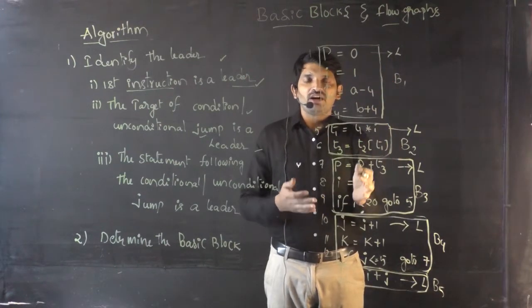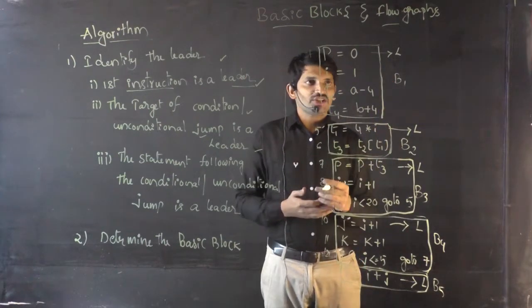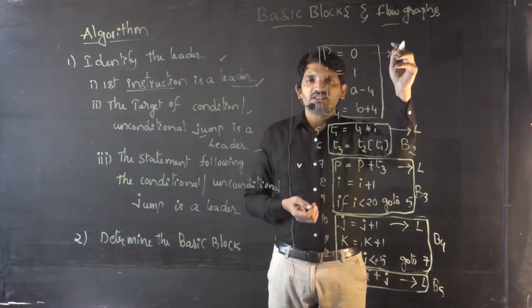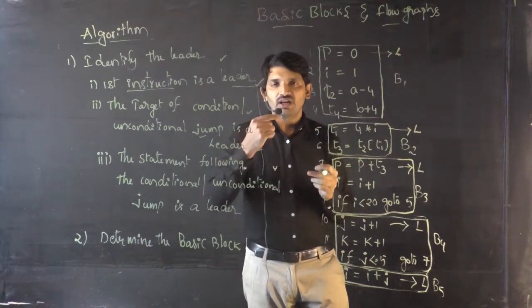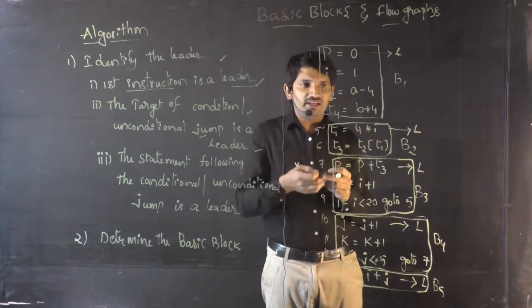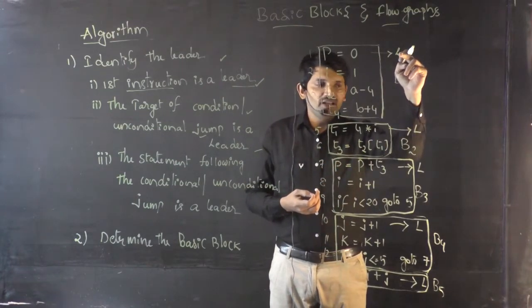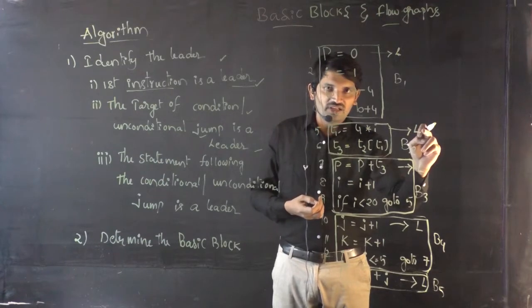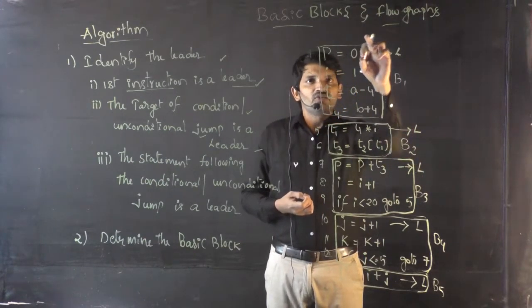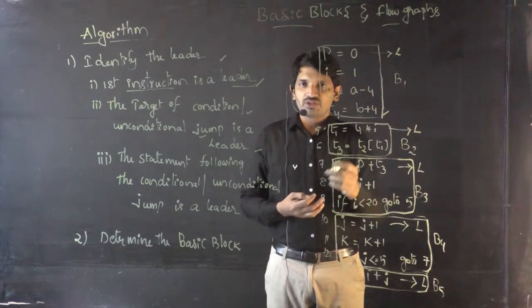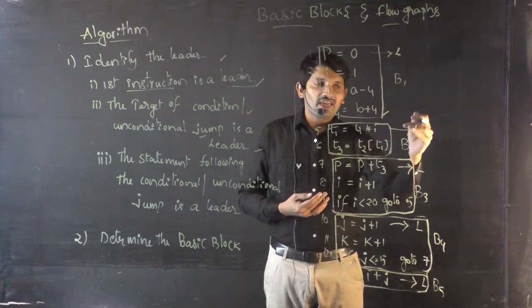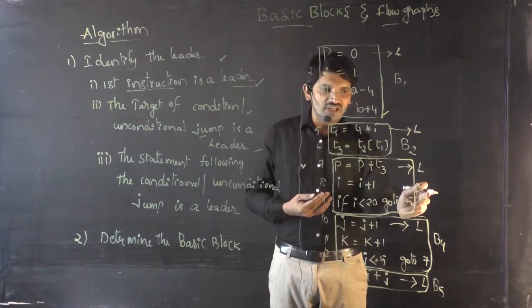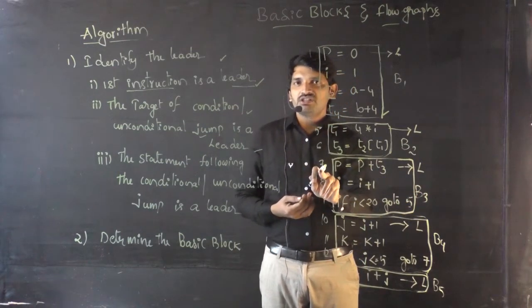Now I construct the basic blocks from the given instructions. For the first statement, this is the leader. We know that every first statement of a basic block must be a leader. So I constructed the first basic block until the fourth instruction. Come to the second basic block: this is the leader, and again we found a leader for the instruction 7.